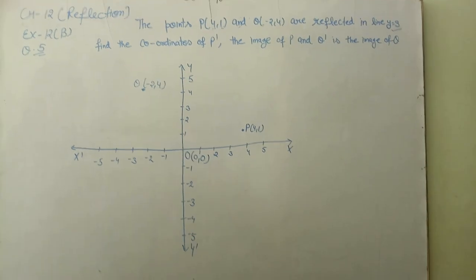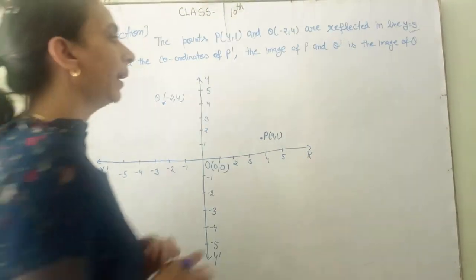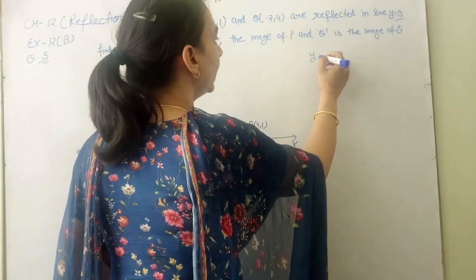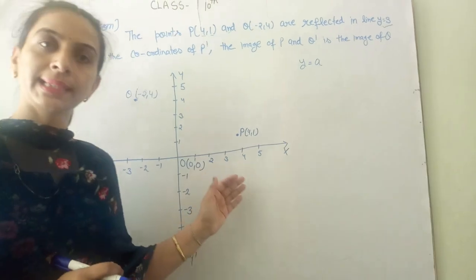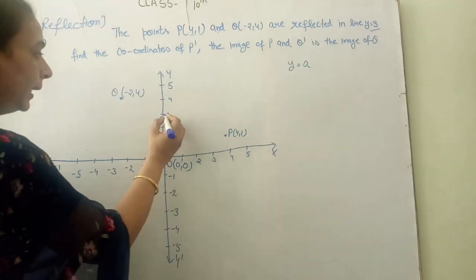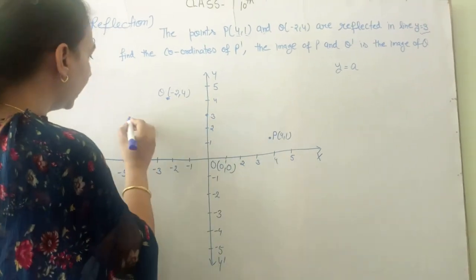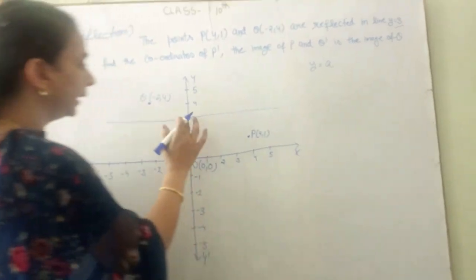Okay, student. Next we draw the line y equal to 3. If any line is of this type, y equal to a, then this is a line parallel to x axis. Same, we have line y equal to 3, a line parallel to x axis passing through point 3.